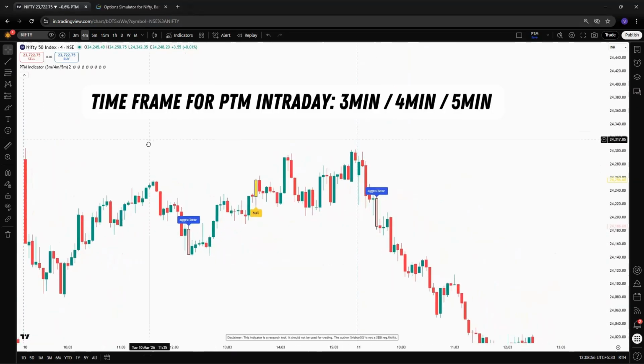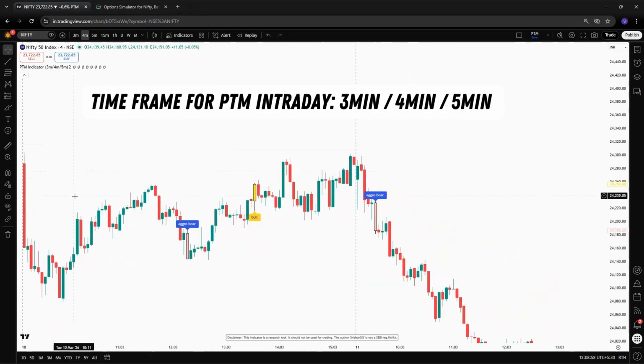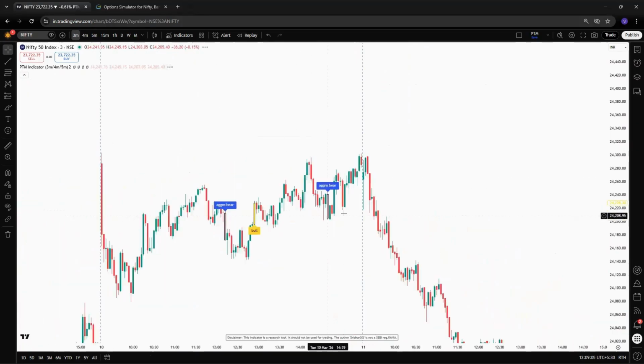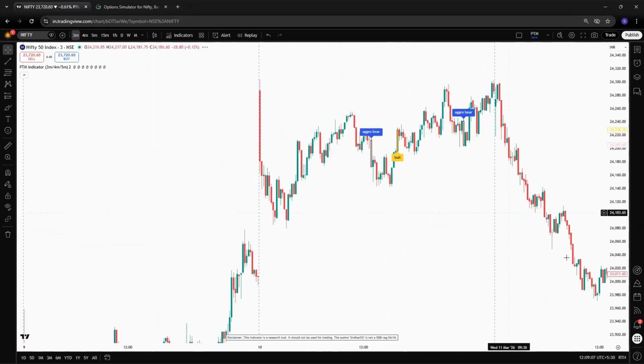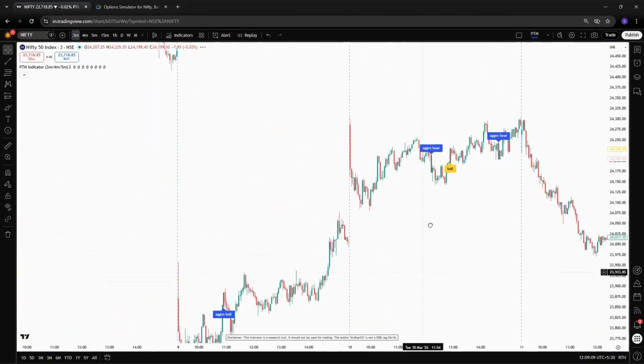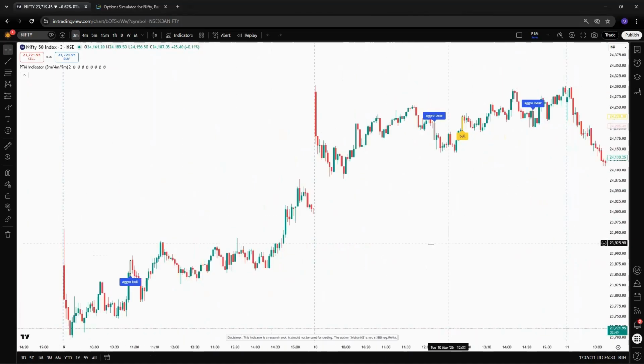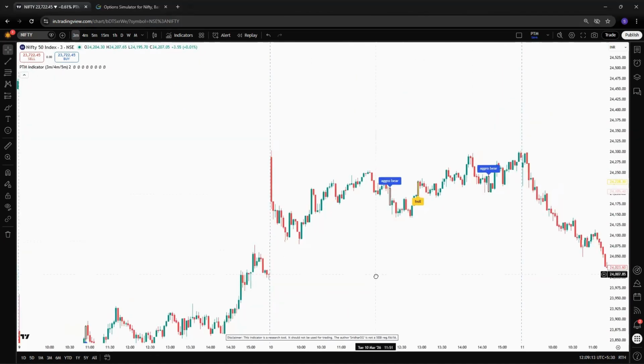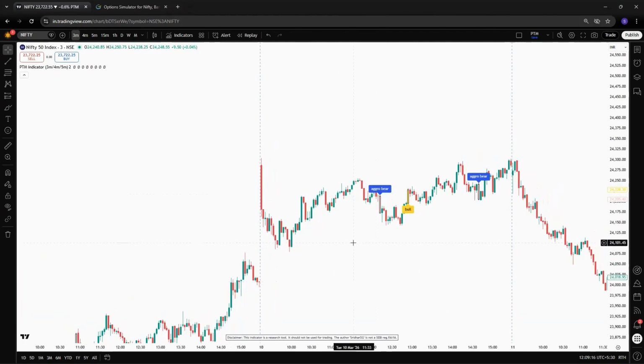There are three different time frames for the intraday. There is the 3-minute chart, the 4-minute chart, and 5-minute chart. The 3-minute chart has a lot of noise. It is for personalities who prefer many signals. They don't really worry about catching the move late on, because 4-minute and 5-minute usually has some delay in the move.